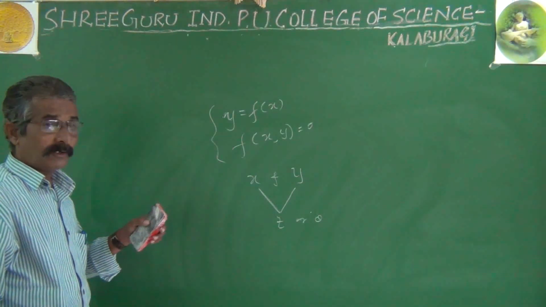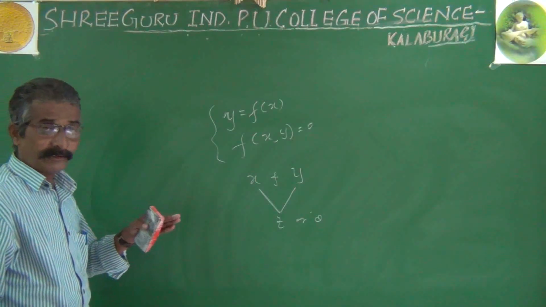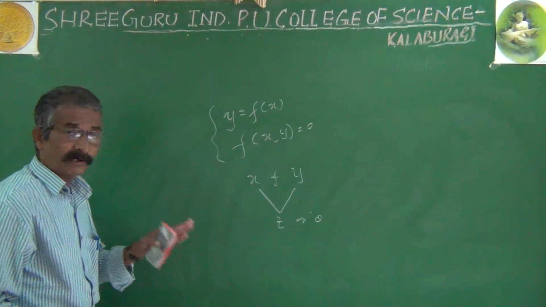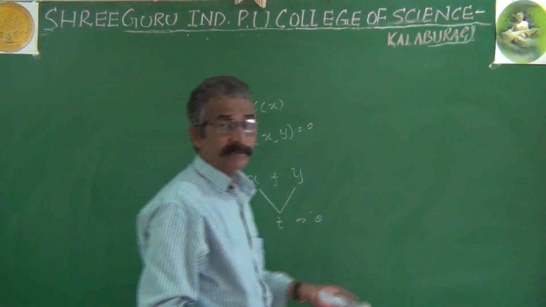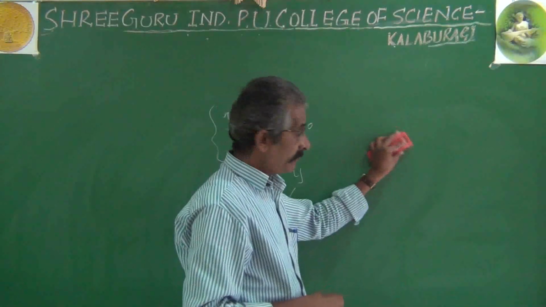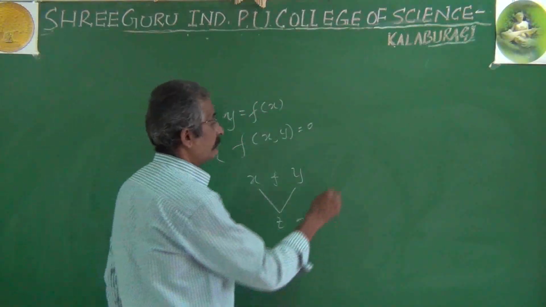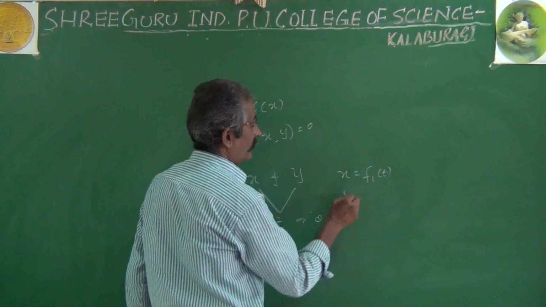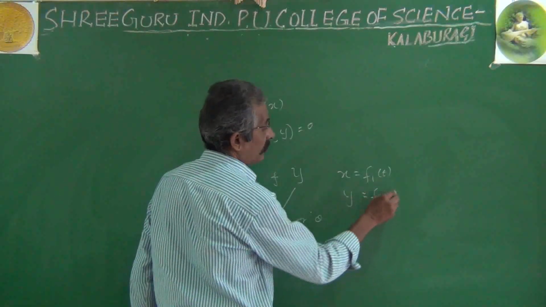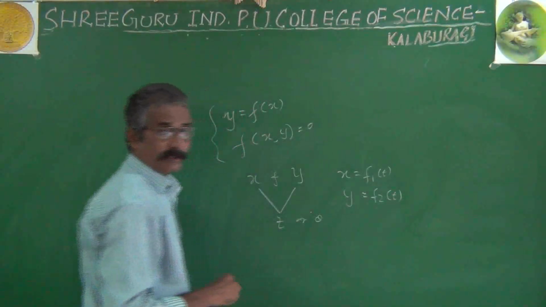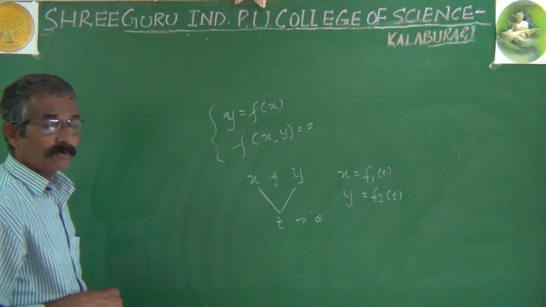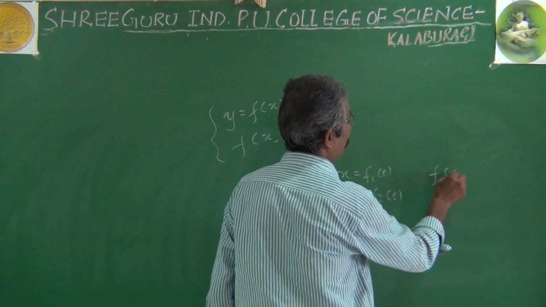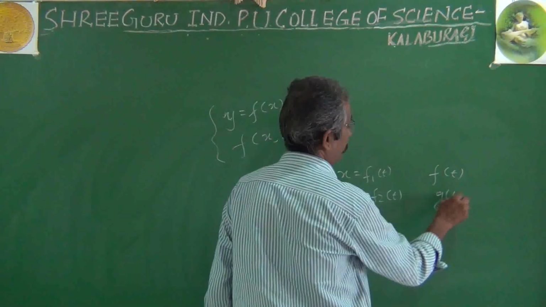Those equations or functions which express x and y in terms of t or theta are called parametric functions or parametric equations, and they are given by something like x equal to f1(t), y equal to f2(t), or x equal to f1(theta), y equal to f2(theta), or x equal to f of t, y equal to g of t.